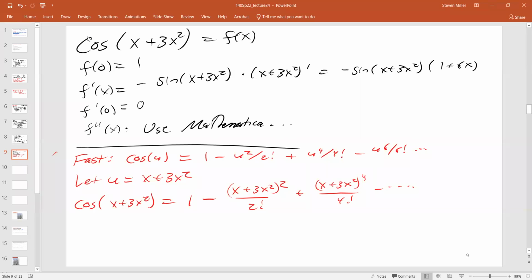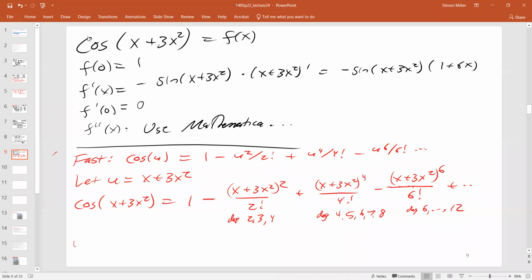So this is only going to have degree 2, 3, and 4. When I look at x plus 3x squared to the 4th, what are the possible degrees going to be? 4, 5, 6, 7, 8. The next term, x plus 3x squared to the 6th over 6 factorial. What's that going to be?